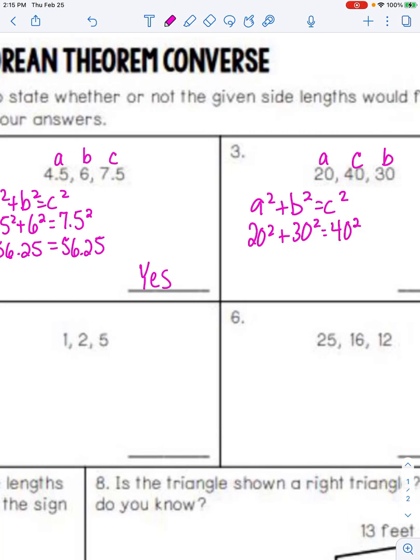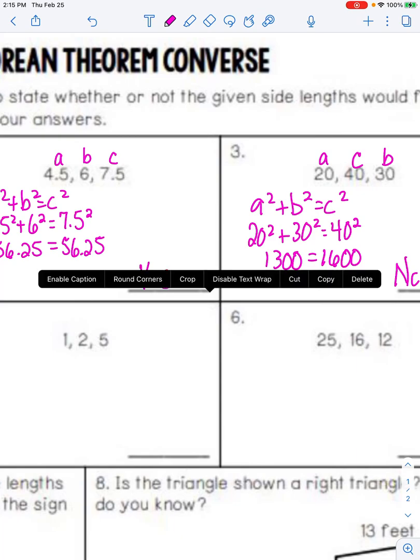Again, I'm going to use my calculator. 20 squared plus 30 squared is 1,300. And then 40 squared is 1,600. Those two are not equal to each other, so no, these do not form a right triangle.